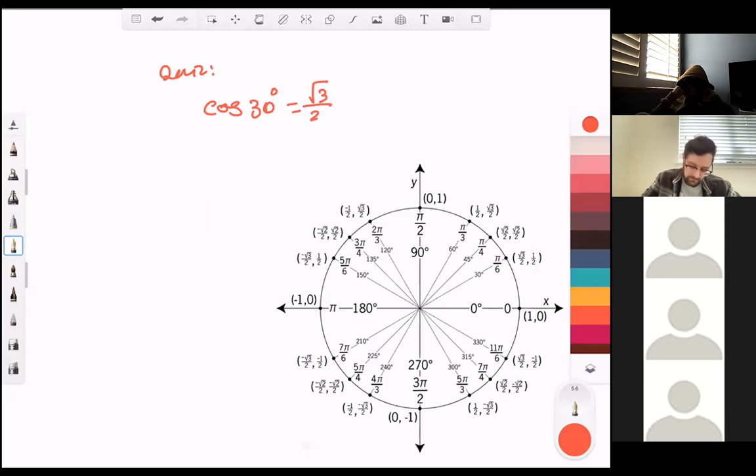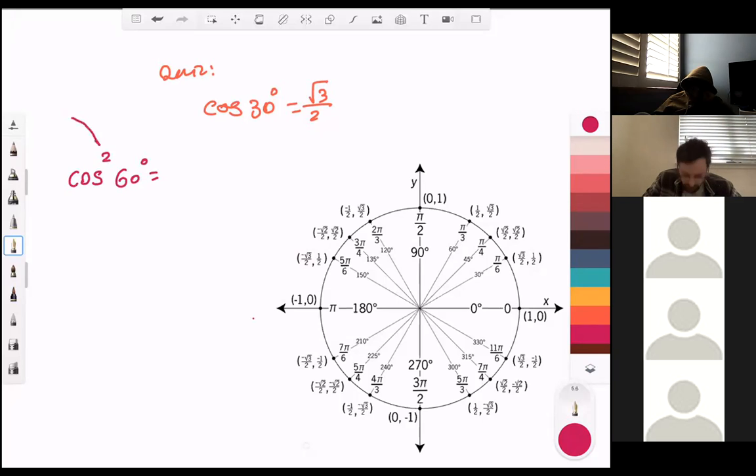What is cosine squared of 60 degrees? Is it 1/2 squared?